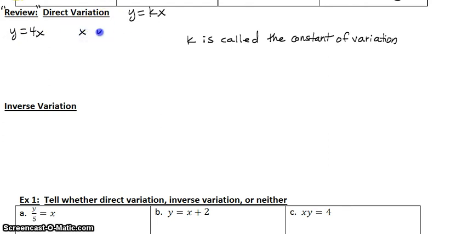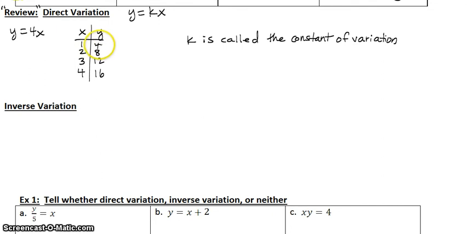I want to show you something, and that is, if I make a table of values, I'm just going to pick some x's: 1, 2, 3, 4. If I plug those into x to find y, 4 times 1 is 4, 4 times 2 is 8, 4 times 3 is 12, 4 times 4 is 16. Notice that as x is increasing, y is also increasing.